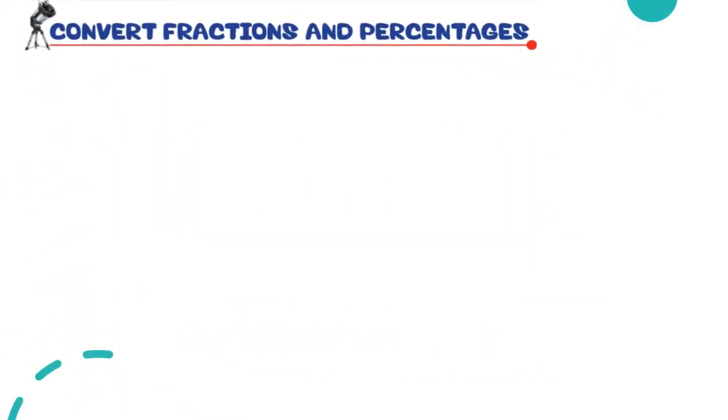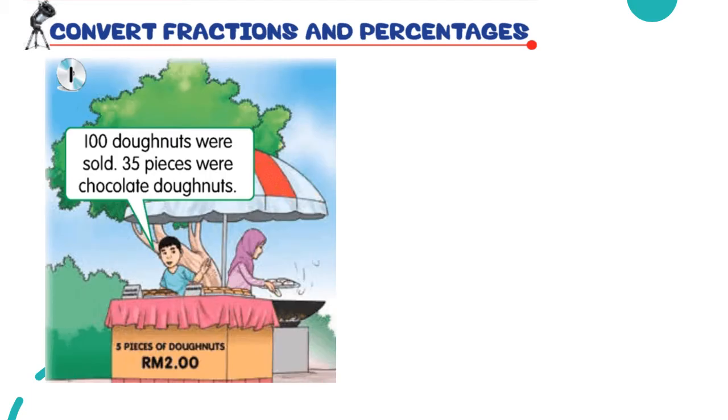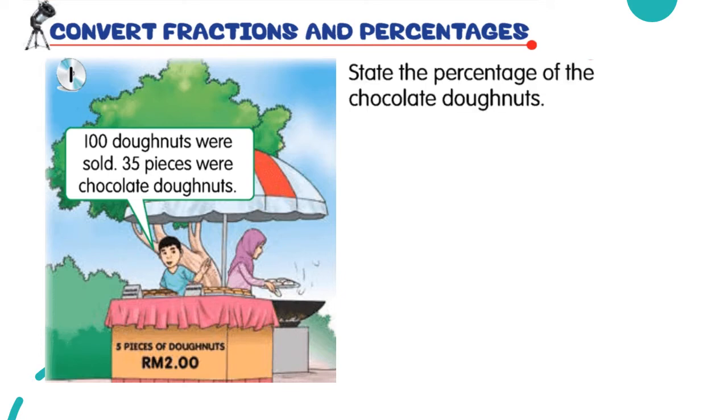We start our lesson by looking at this picture. Okay, from the picture, the donut seller tells that 100 donuts were sold, and 35 pieces were chocolate donuts. So the question here: state the percentage of chocolate donuts.